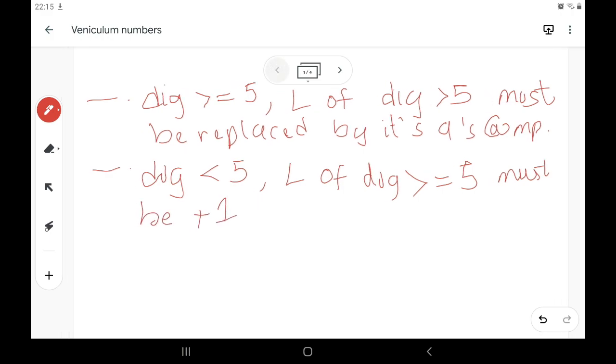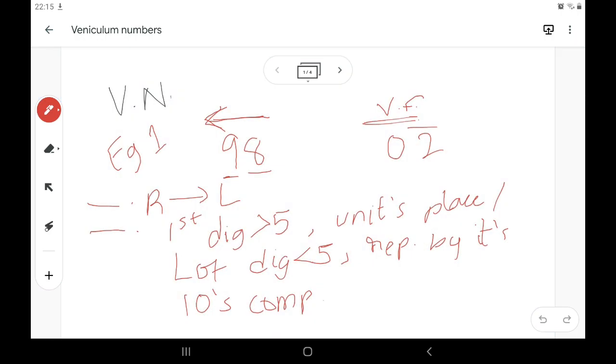So you just do plus 1 for the digit that's less than 5 and to the left of a digit that's greater than or sometimes equal to 5. So in this case, at the hundreds place we have a 0. So you increment 0 by 1 and you get 1 at the hundreds place of the Vinculum form of 98.